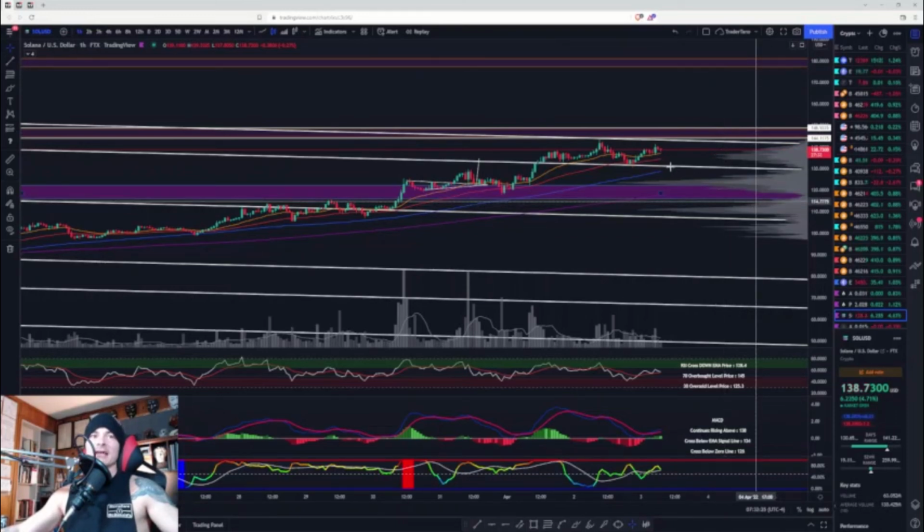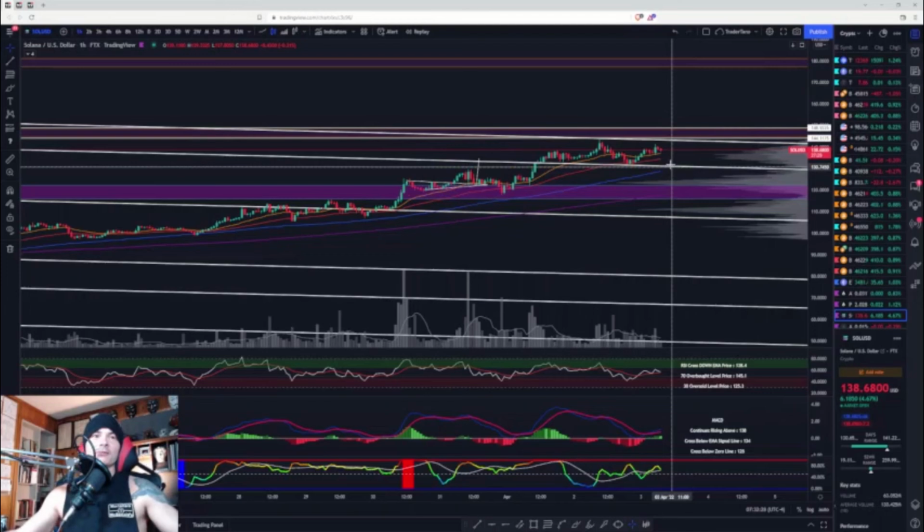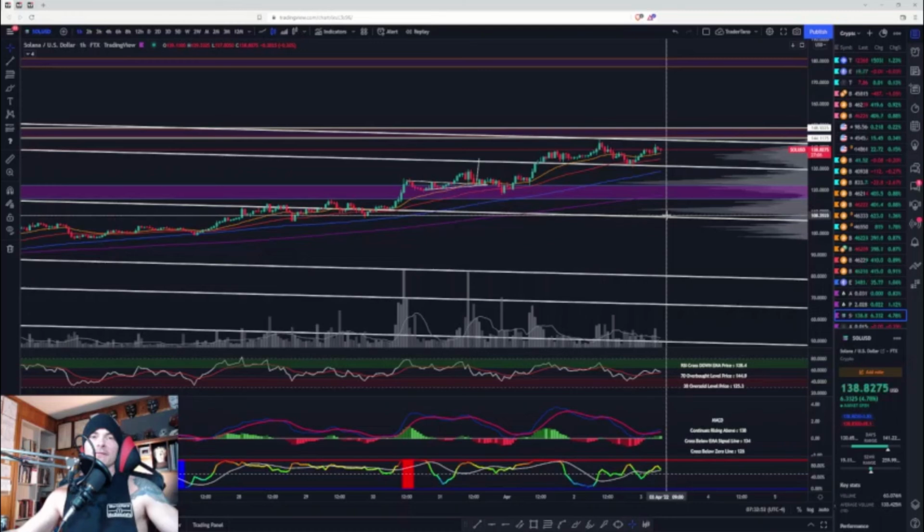Validation of the downside would be to break this last level of resistance turned support, and the 100. Then I think the first stop would be the 200, or even a wick down to the VPVR point of support at 111. Between 111 and 108.25 would be a major level of support.